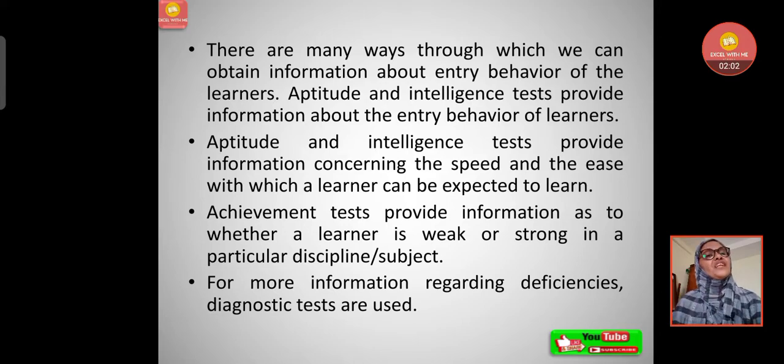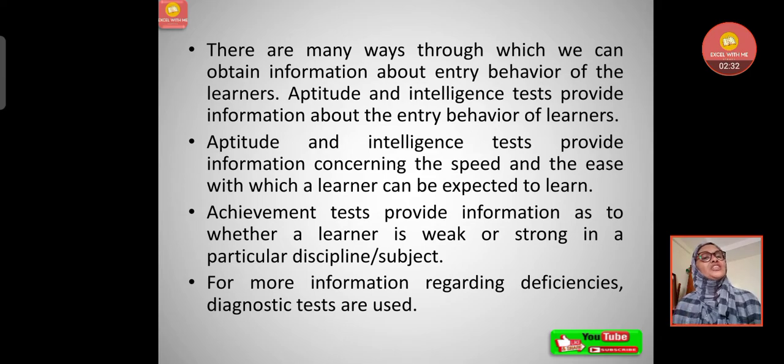There are many ways through which we can obtain information about entry behavior of the learners. Aptitude and intelligence tests provide information about the entry behavior of learners. Now, aptitude and intelligence tests provide information concerning the speed and the ease with which a learner can be expected to learn. Obviously, how these learners understand, what kind of strategies we have to apply, these are very, very important tasks.